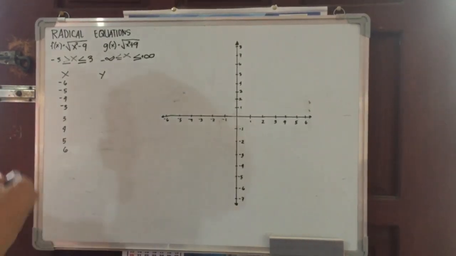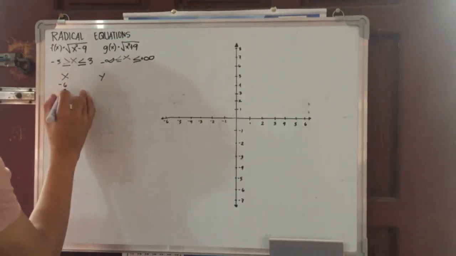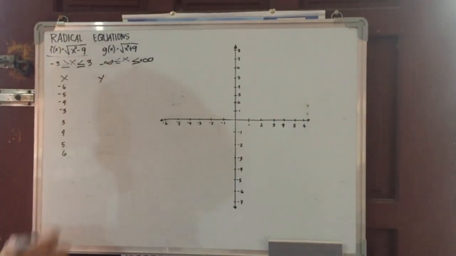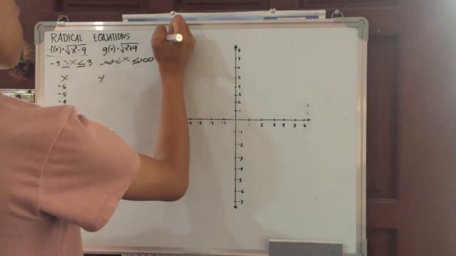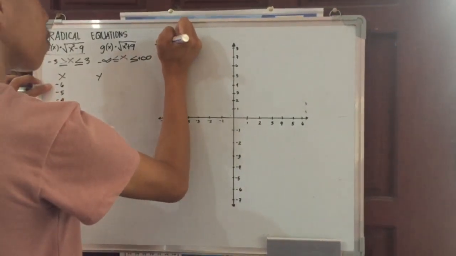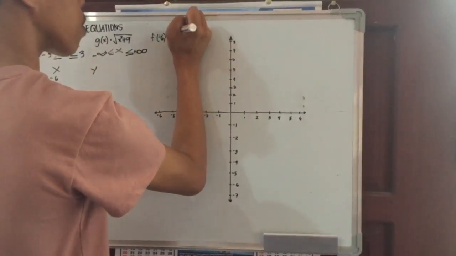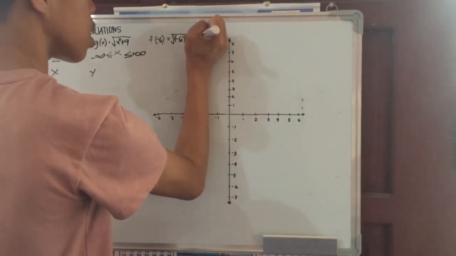So the next thing is to plug in this -6 to the equation here. So to do that, for example, our -6, so f of -6 is equals to square root of -6 squared minus 9.